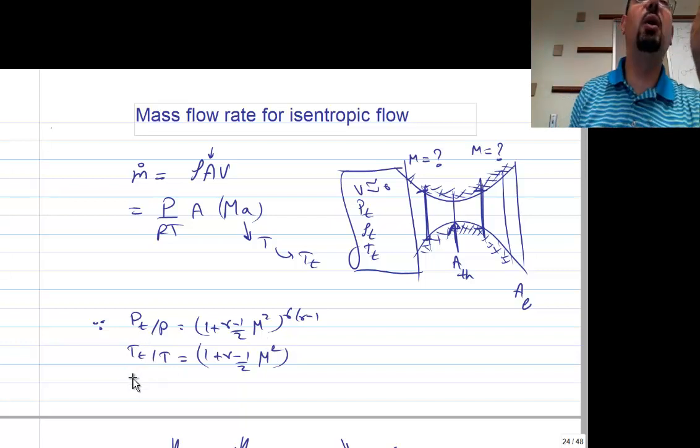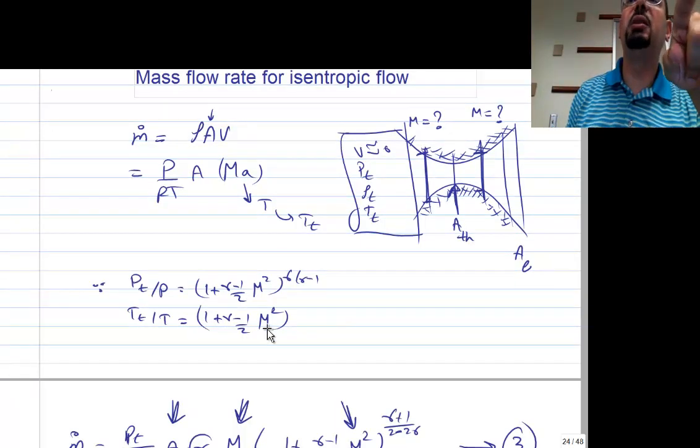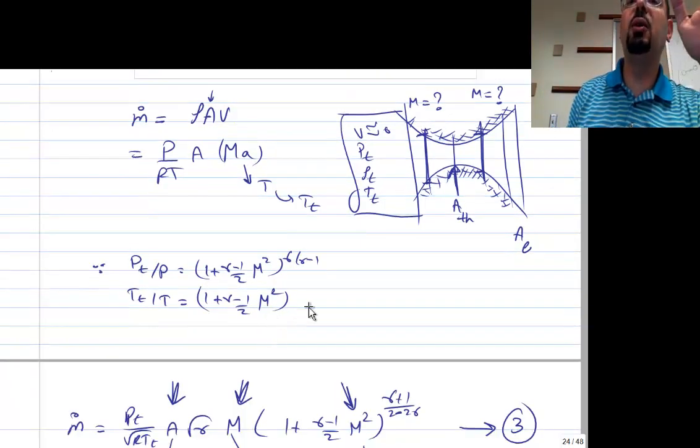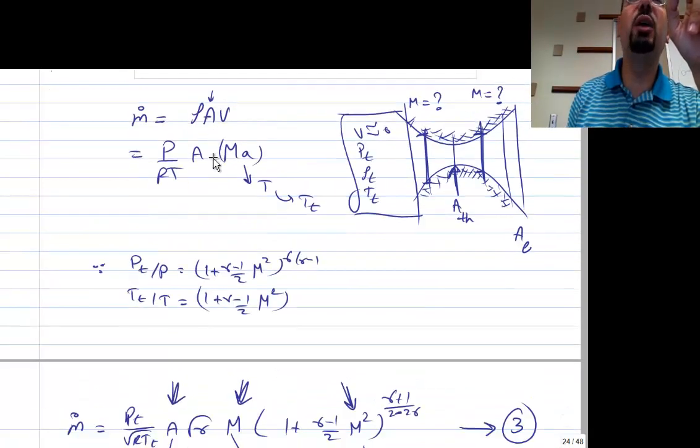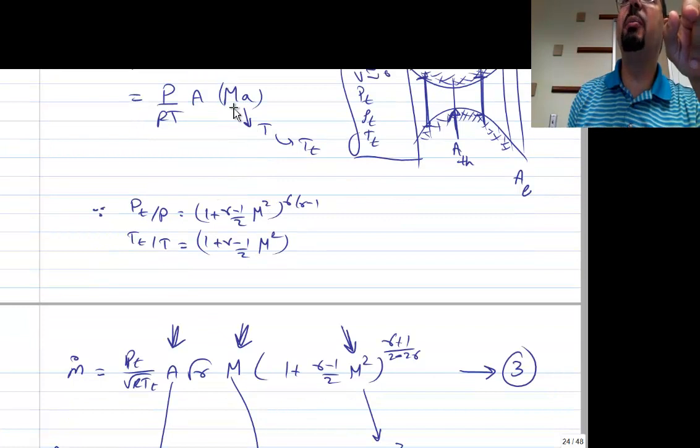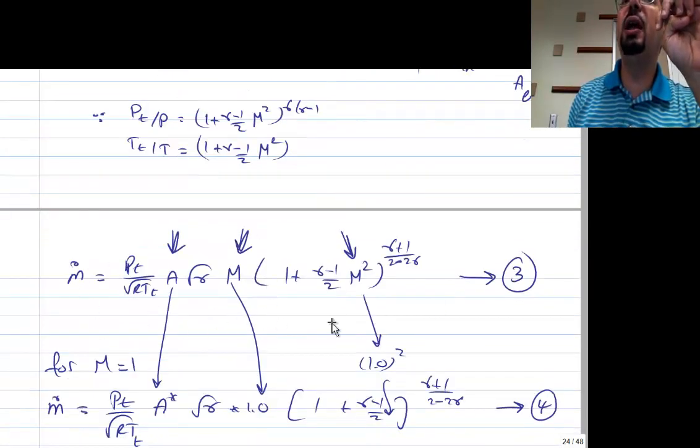Right? You don't have to worry about how he derives this equation. But it will really help you to understand, though you will not be asked to repeat this. Basically he said, well, here's m dot = rho A V, let's do rho = P over RT, and let's do V = M a. And then let's write the Mach number, the T and the P in terms of P total and T total.